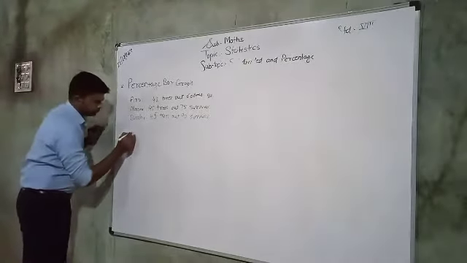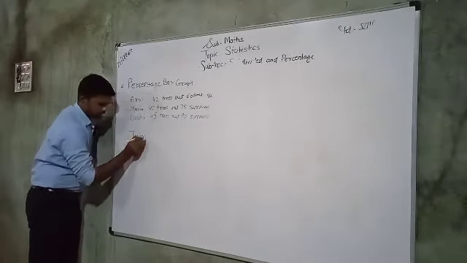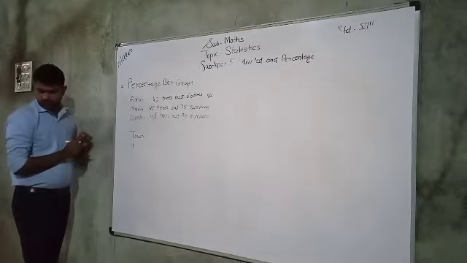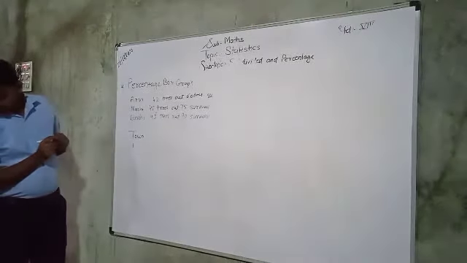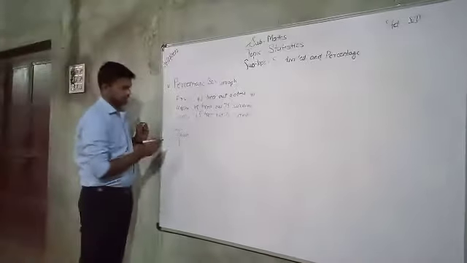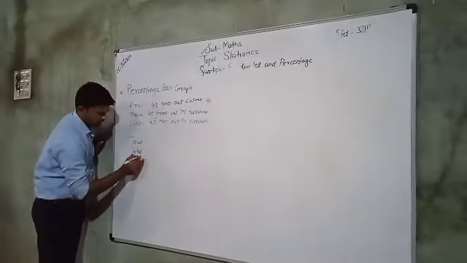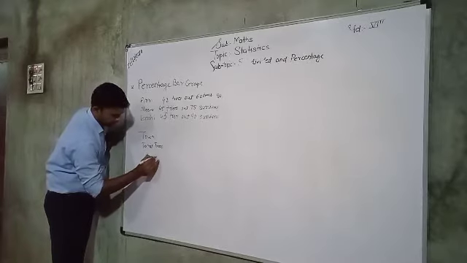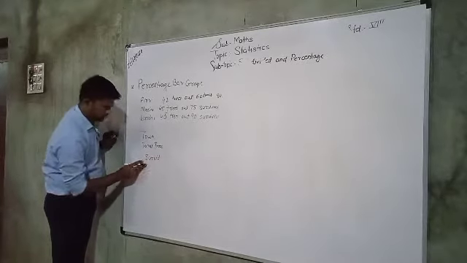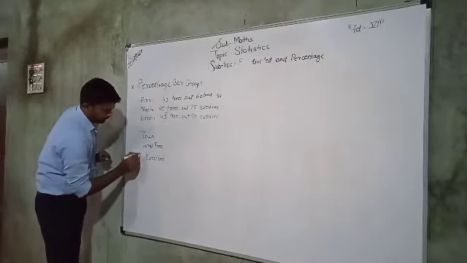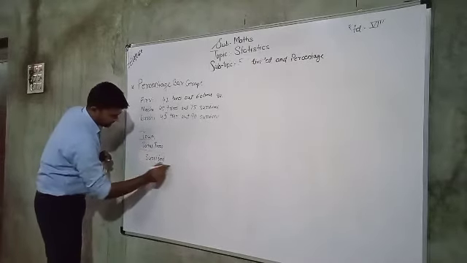What is given? 3 towns. Then the first column will be the town, then total number of trees, then survived trees, and the third column will be percentage.